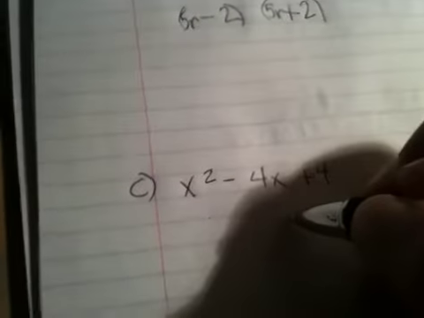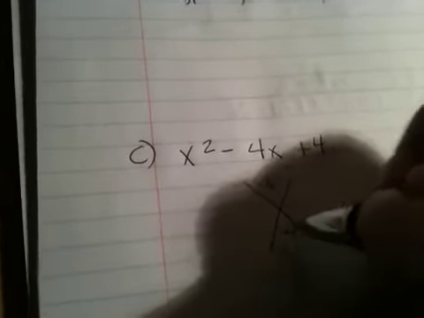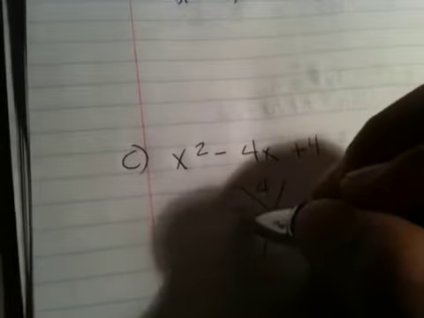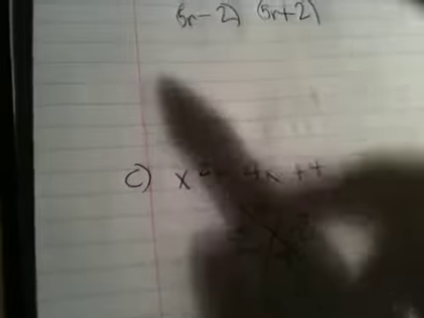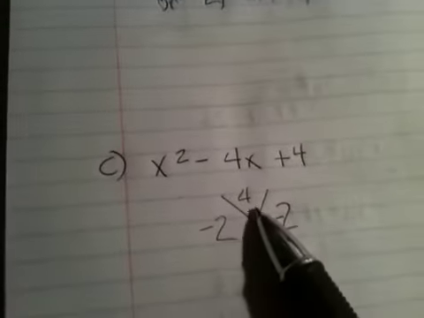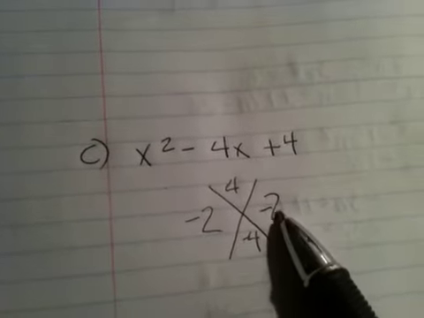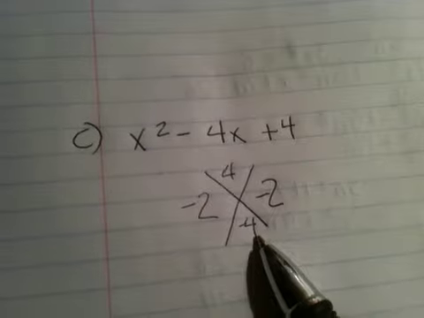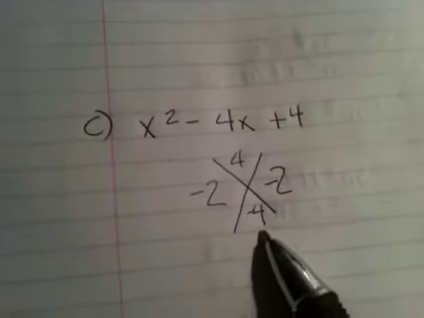What I do in this instance is I multiply these two: 4 times 1 is 4, and what I get is negative 2 times negative 2. So how this works is these two numbers have to multiply to get this number, and these two numbers also have to add to this number, negative 4. So where do I get the negative 4?